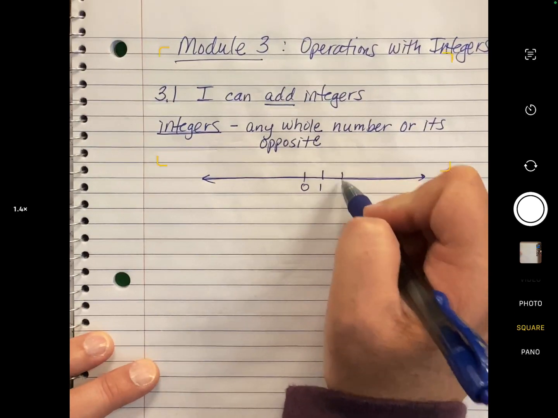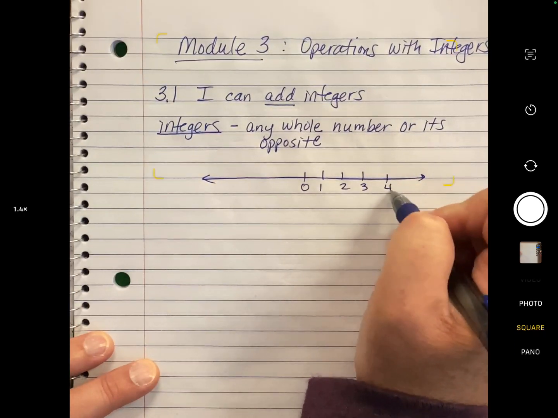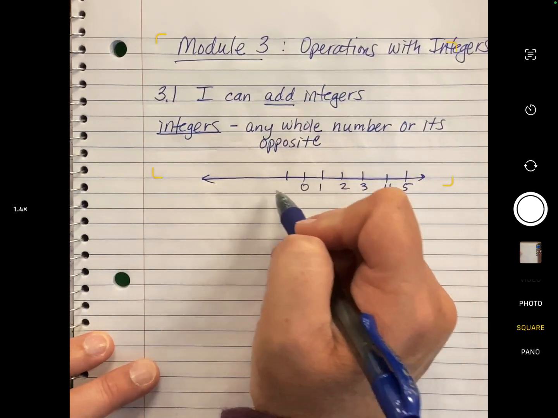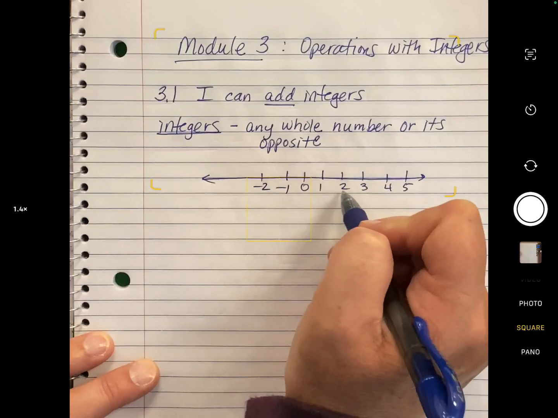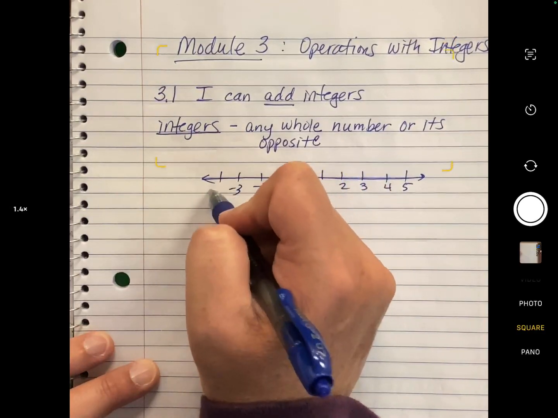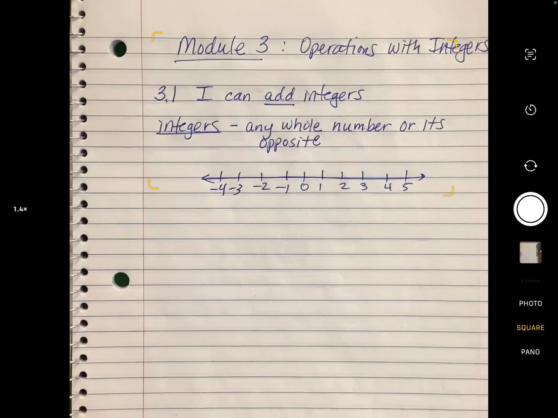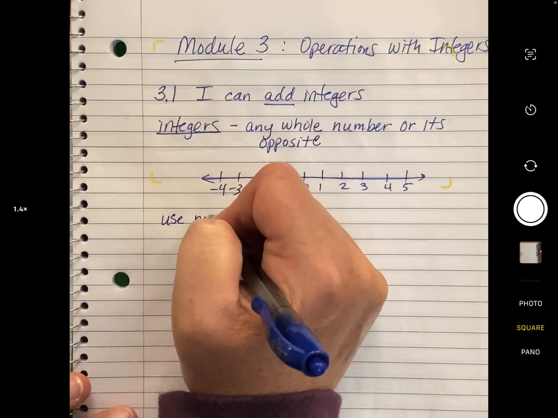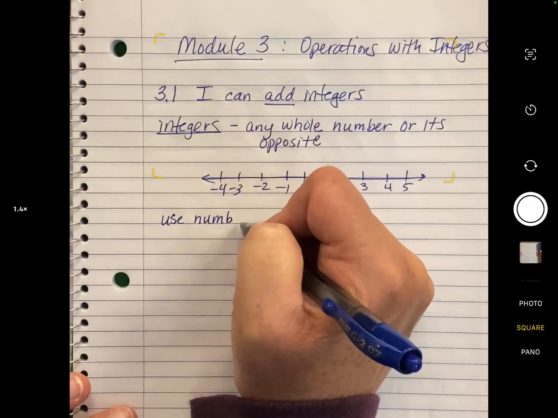Whole numbers like 1, 2, 3, 4, 5, and so on. And then the opposite of 1 would be -1. Opposite of 2, -2, -3, -4, and so on. When you were playing the game and using the number line, we were practicing adding integers.